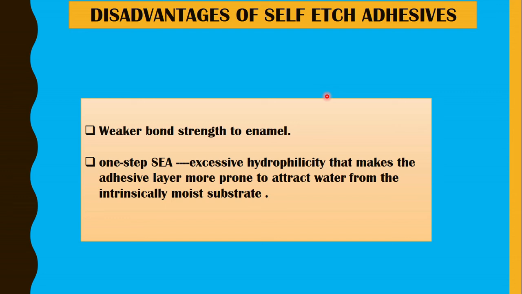Obviously, because we are using a low strength acid as compared to the total etch technique. So here we have weaker bond strength to enamel, and also with one step self-etch adhesive, we have excessive hydrophilicity that makes the adhesive layer more prone to attract water from the intrinsically moist substrate.